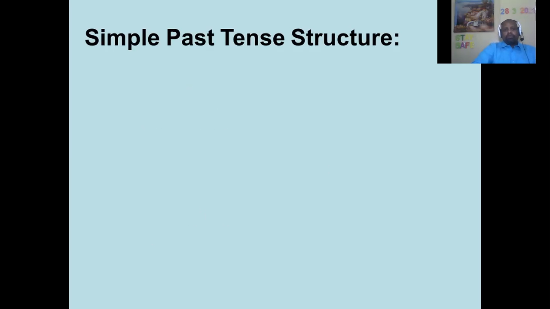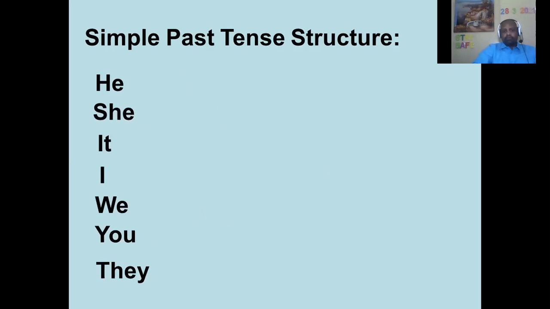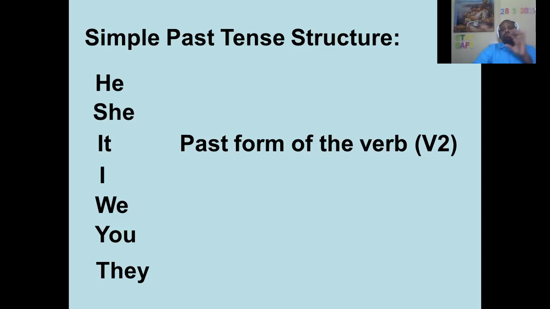Now, the structure of the past simple or simple past, how we form it. Remember the pronouns, the subjects. He, she, it, I, we, you, and they. With all these pronouns, we use the past form of the verb, sometimes called V2.